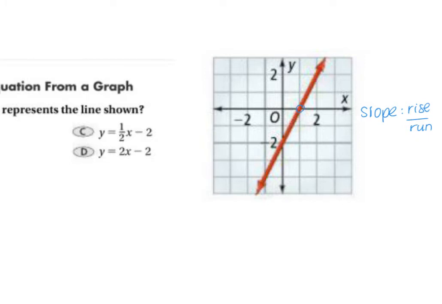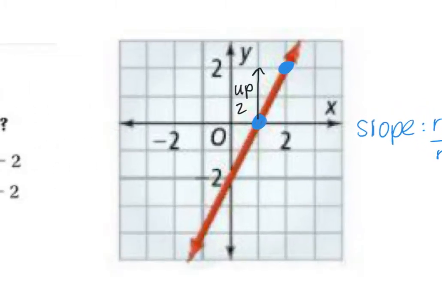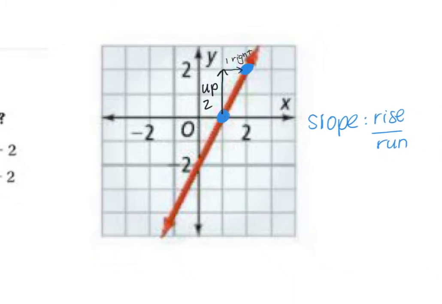So let's pick this point, and let's pick this point. To get from the bottom point to the top point, how much do we rise? 2 units. So we're going up 2. How much do we run? 1 to the right. So what's my slope? 2 over 1, which is 2.